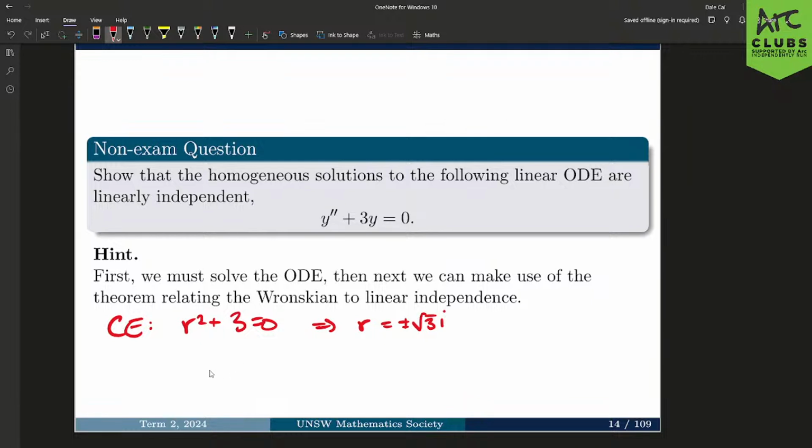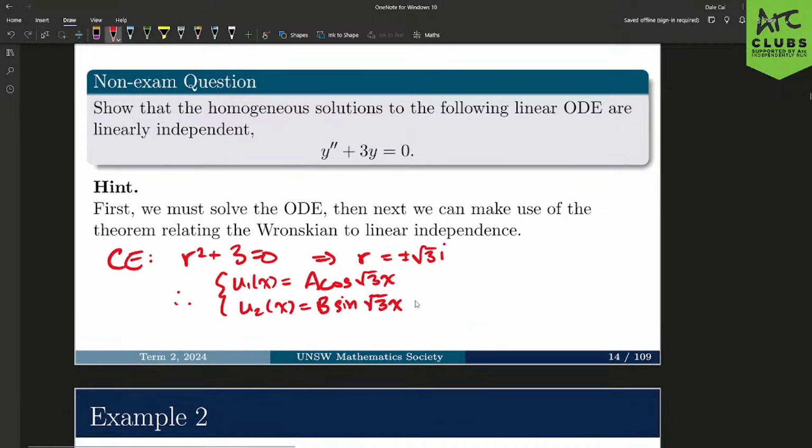And you should know that this means our homogeneous solutions are going to be a cos root 3 x and b sine root 3 x. That would be the same thing anyway if it was positive or negative.